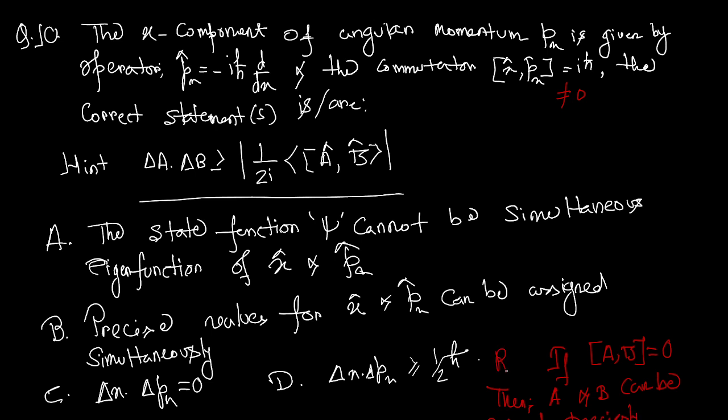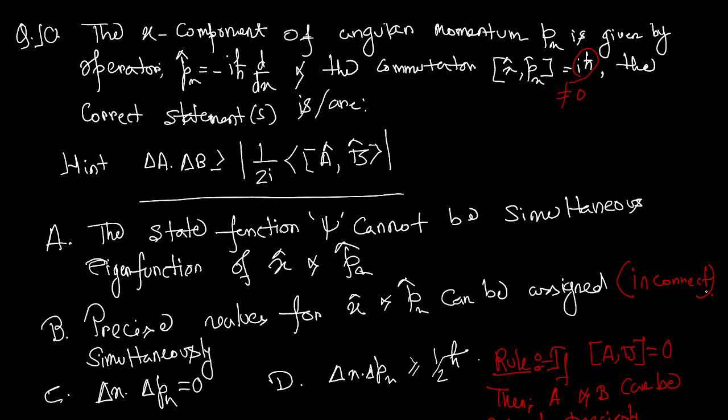Same rule of commutation, I have discussed it in the last tutorial session. So as you see, this value is i h bar, which is not equal to 0. Then you cannot measure x and px simultaneously. So this is an incorrect option.